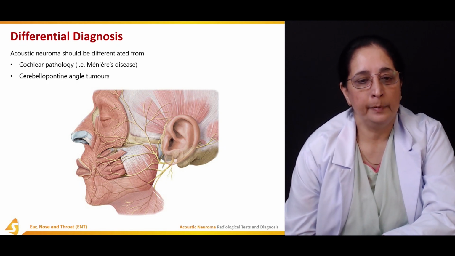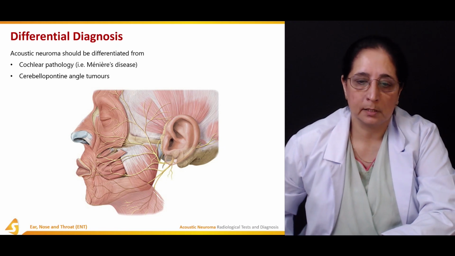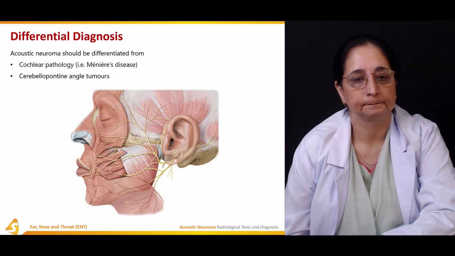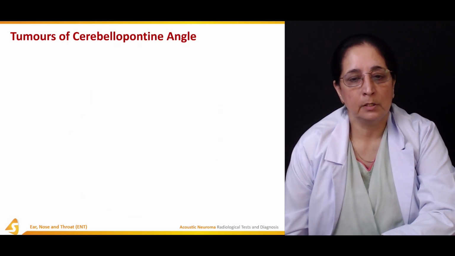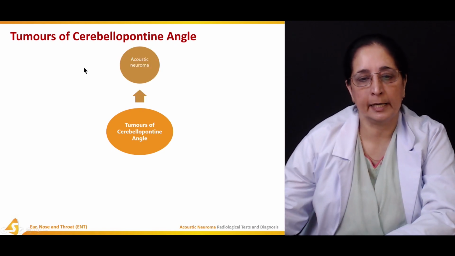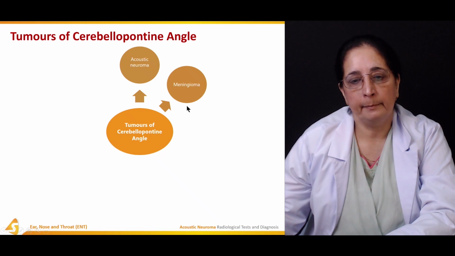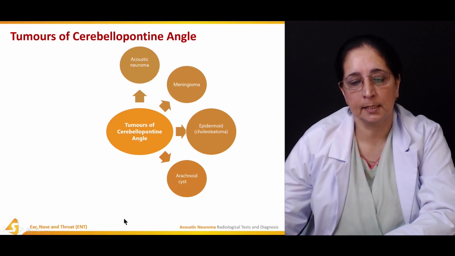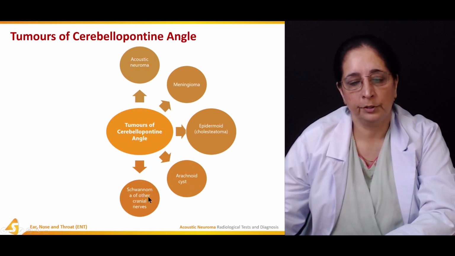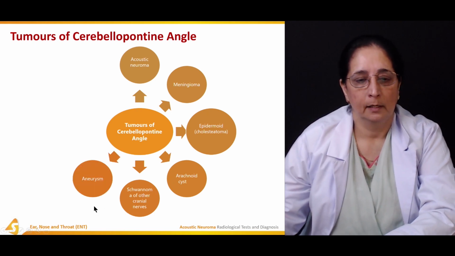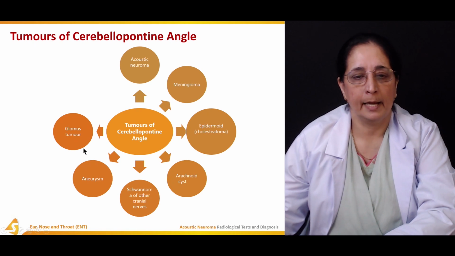Then cerebellopontine angle tumors other than acoustic neuroma should be differentiated. Other tumors of the cerebellopontine angle are meningioma, epidermoid cholesteatoma, arachnoid cyst, schwannoma of other cranial nerves, aneurysms, glomus tumor, and metastasis.